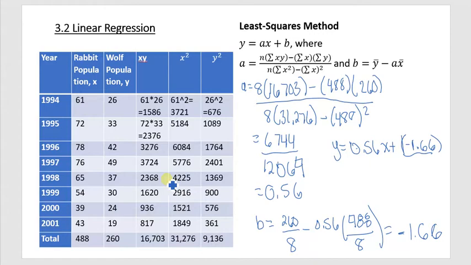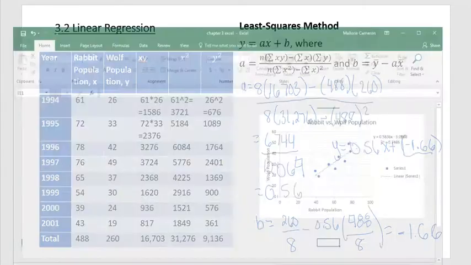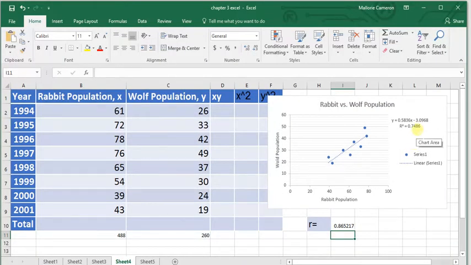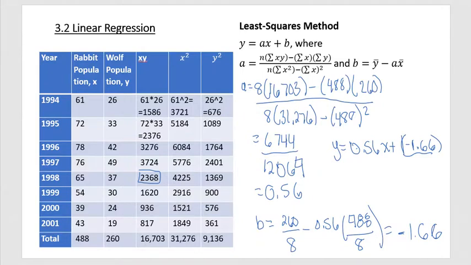And then I'm going to double check, what did Excel get? Excel got negative 3.0986. So I'm going to double check that. So I quickly recalculated everything. This number should be 2368, 65, 2405.